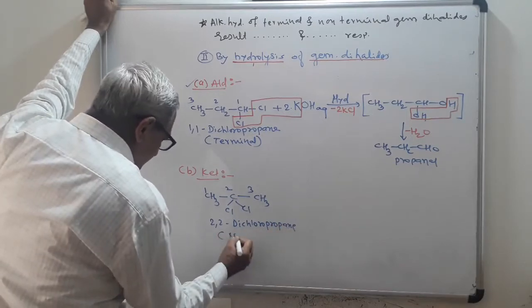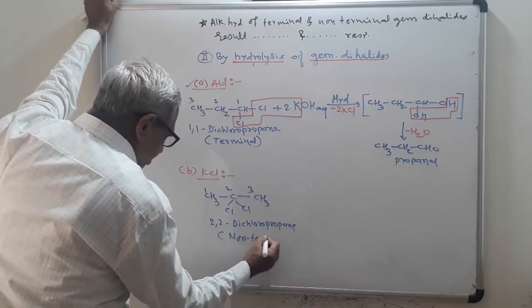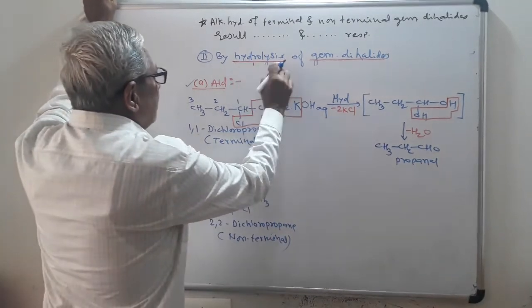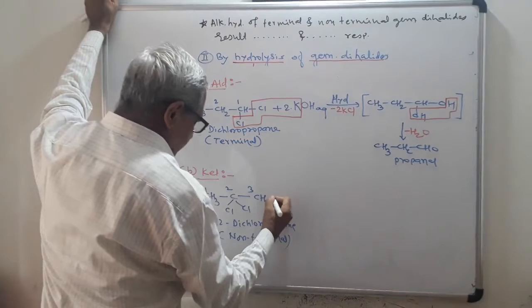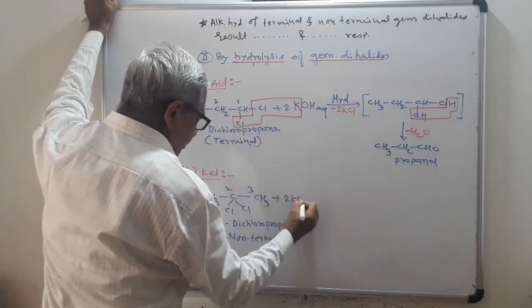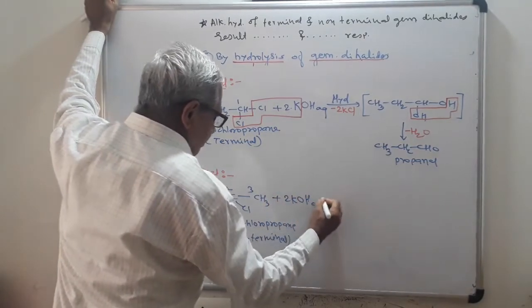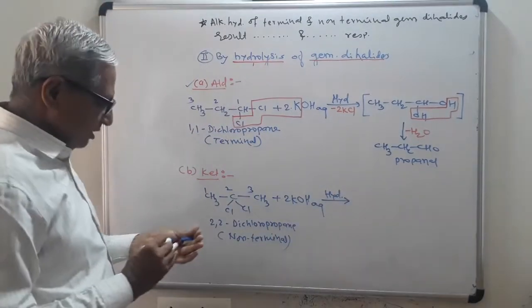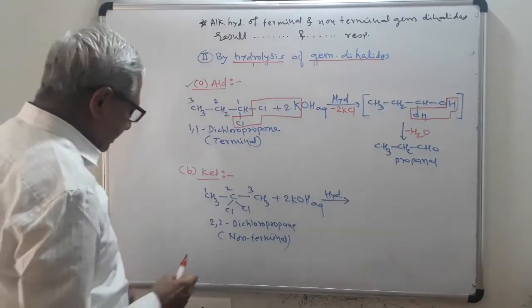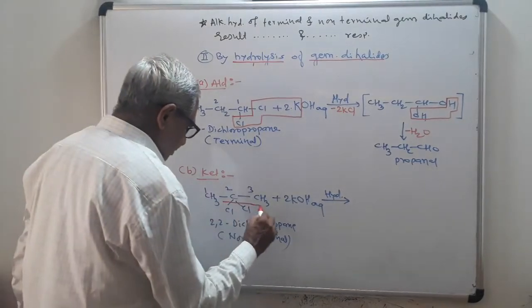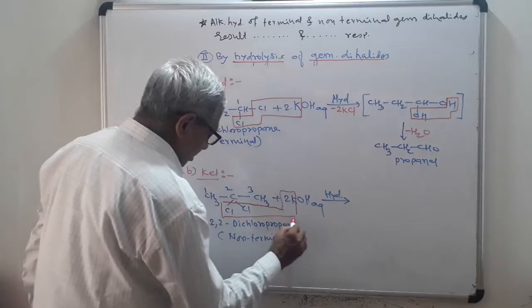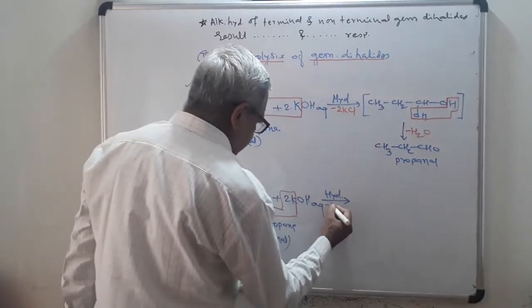This is a non-terminal geminal dihalide. You do the hydrolysis by using aqueous KOH. You can use two molecules of aqueous KOH so that the hydrolysis reaction takes place. In this reaction twice KCl is removed.